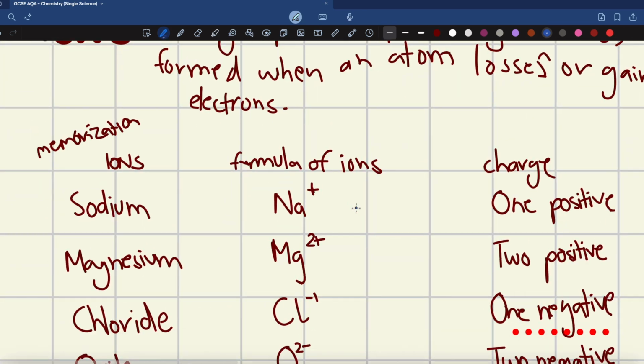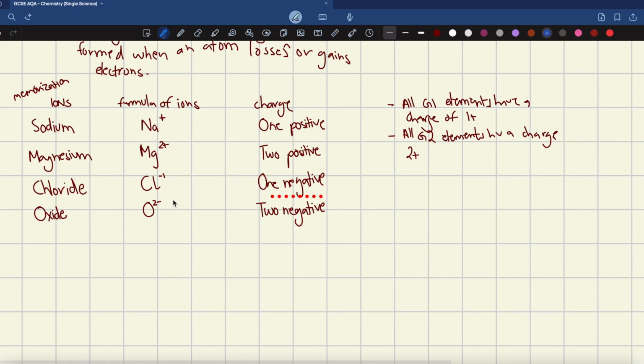Hence, the oxide ion is going to have a charge of -2, and the chloride ion, being in group 7, is going to have a charge of -1. I want you to add this here as well. All group 7 elements have a charge of how much? -1. Good job.